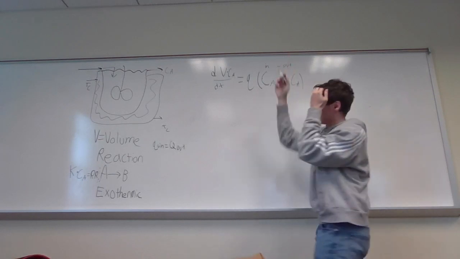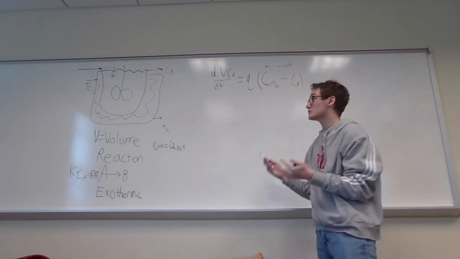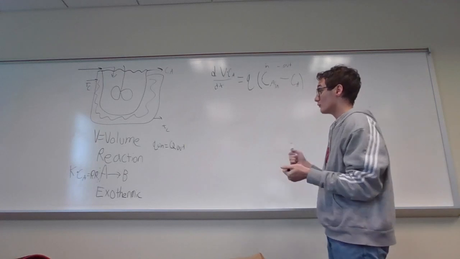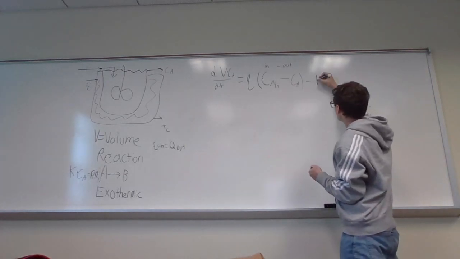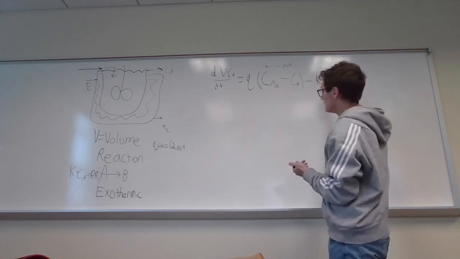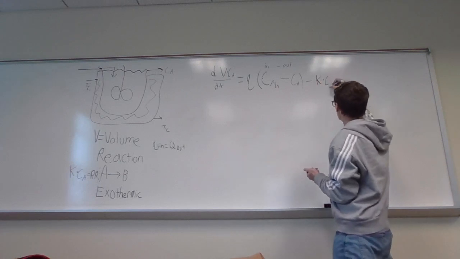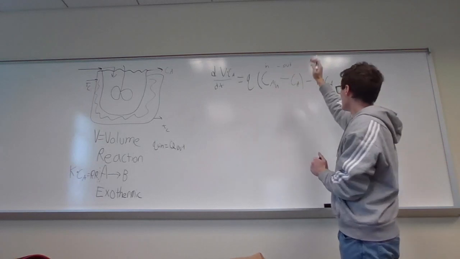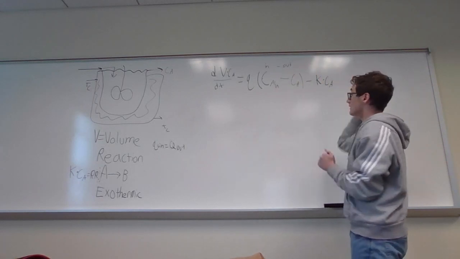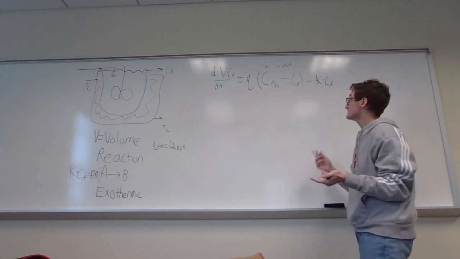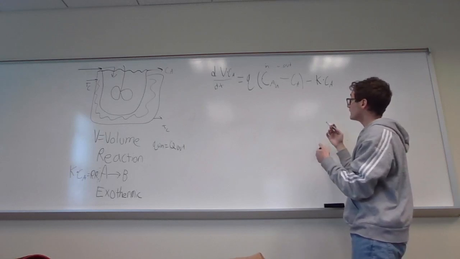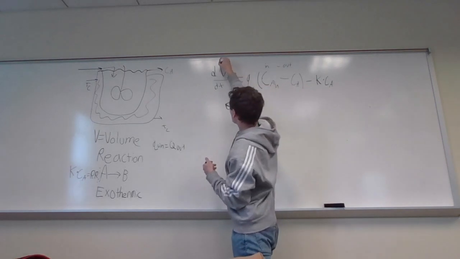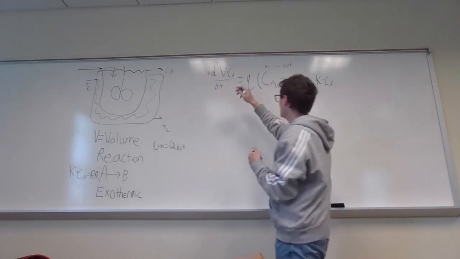Now we also need to subtract the amount of material that's being consumed in this reaction, which is going to be K times Ca, as we have the material in, out, and consumed. But because the volume is constant, like I said earlier, we can take the volume out of the formula and divide it across.